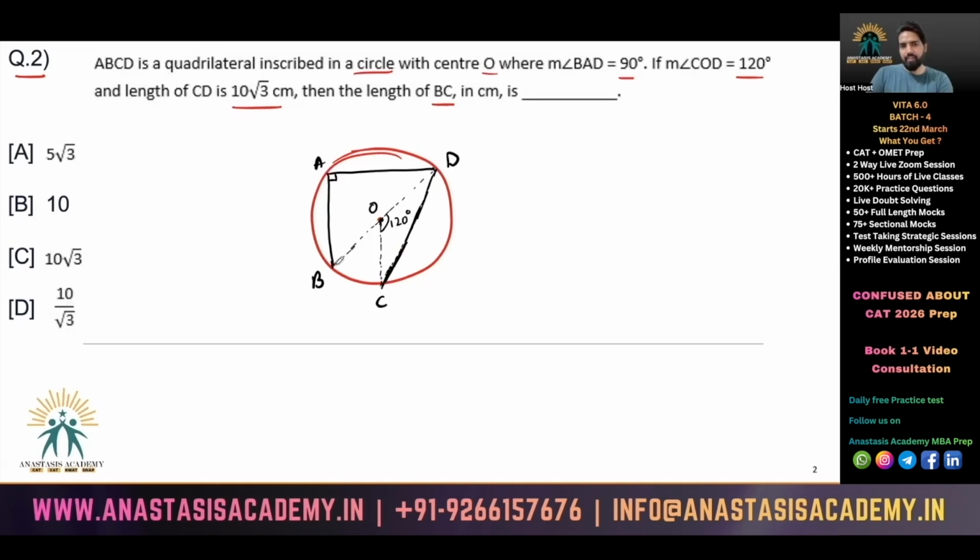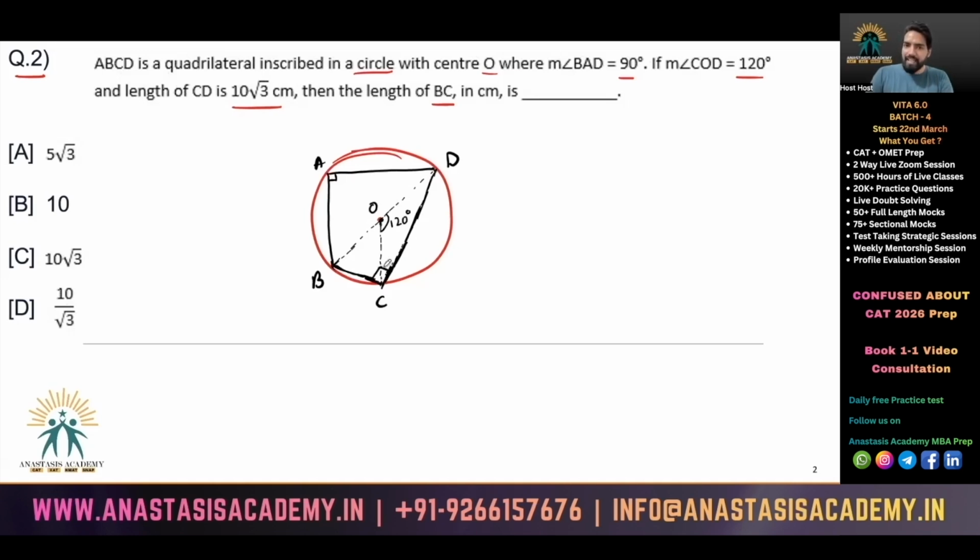And if we join BC, can you see this angle BCD would also be 90 degrees, because this triangle BCD has its hypotenuse as the diameter of this circle. It's a triangle in a semicircle having its hypotenuse on the diameter, so this angle would be 90 degrees.